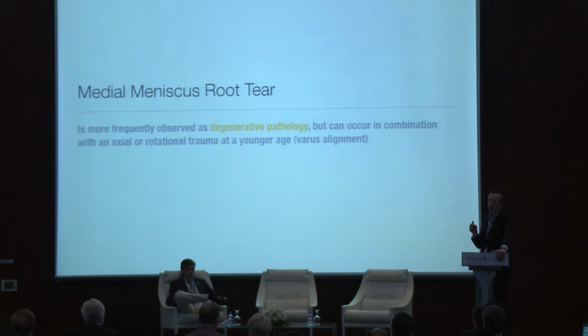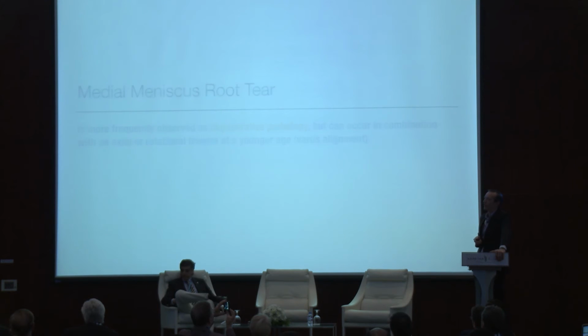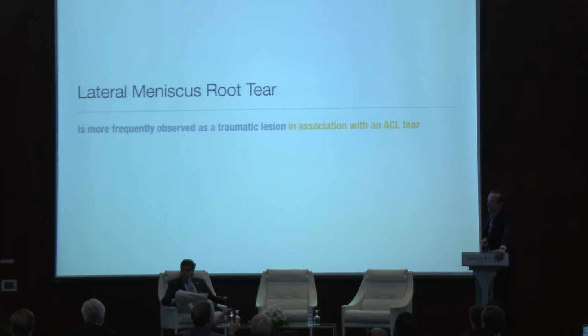You always have to look at the varus, which makes these issues more difficult to treat, because the varus will overload that medial compartment even more, especially when the meniscus root is absent. So these are the challenging situations. The lateral root tear, however, is non-degenerative, is more traumatic, and very often in association with an ACL tear.